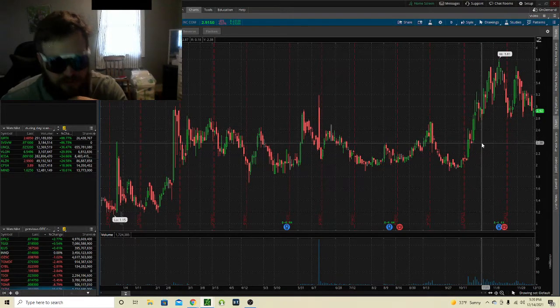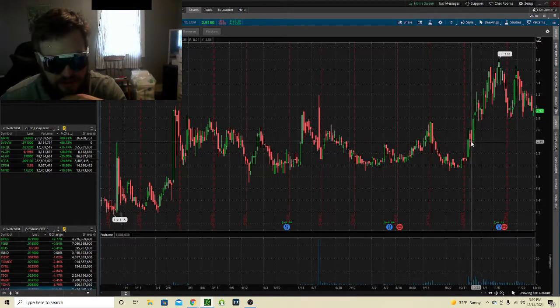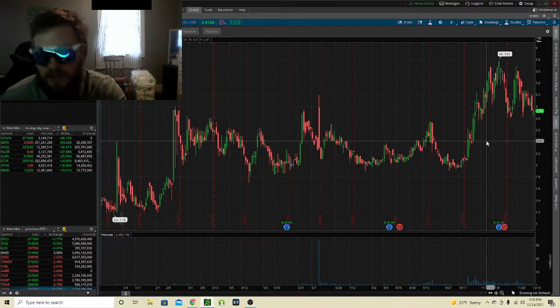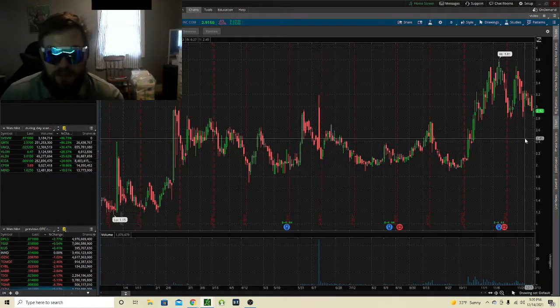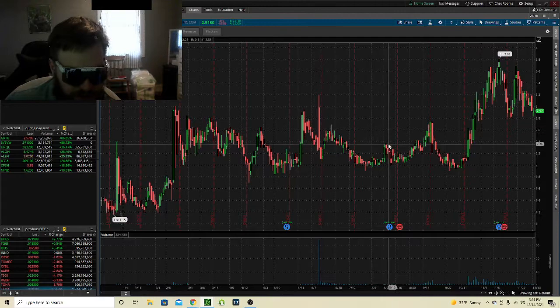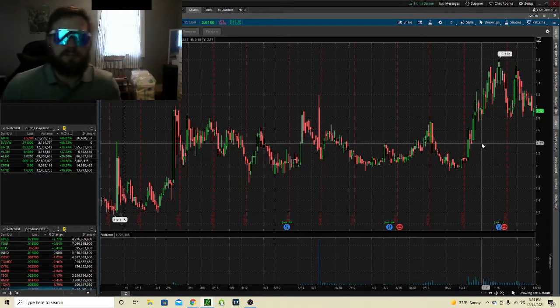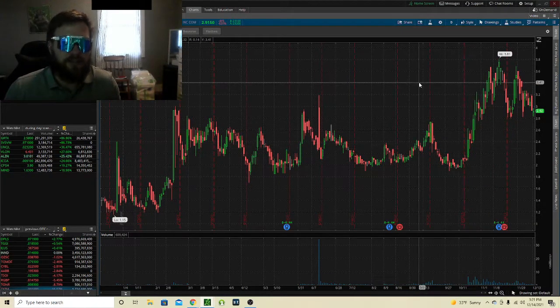So looking more near term, I'd say about 240s is where I'd be looking for support if that 280 support level breaks. And the way that I determine that is that you can tell it acted as resistance here, it acted as resistance there, and then it acted as support here, and acted as support here. So 240 would probably be the lower support level on that stock, in my opinion.